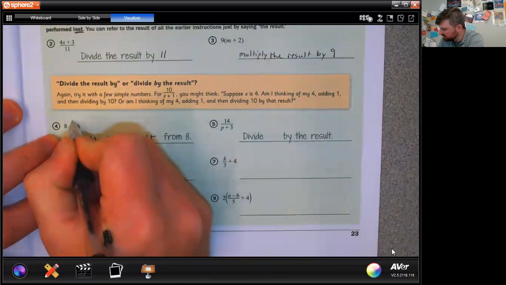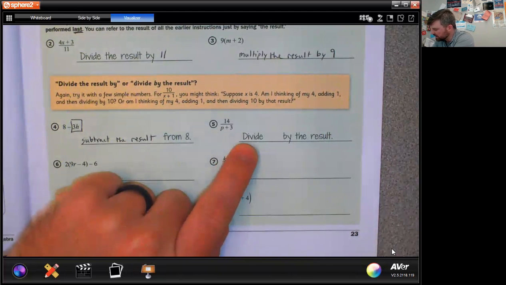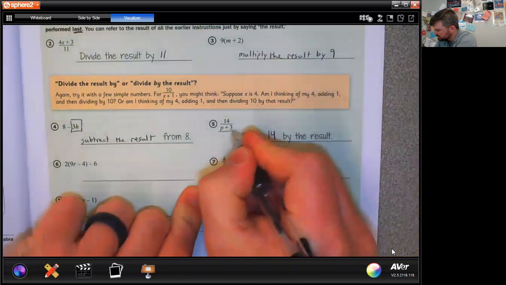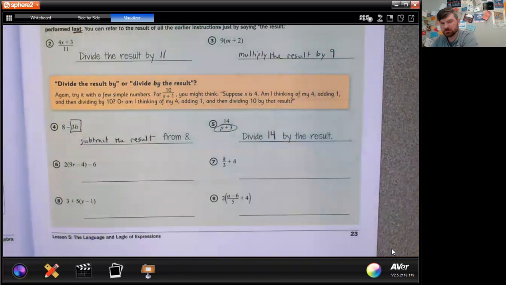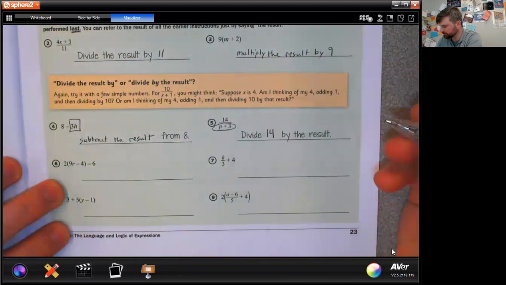This thing is the result, and you're subtracting it from 8. Divide 14 by the result. Again, this is the result, so you're taking 14 divided by the result.